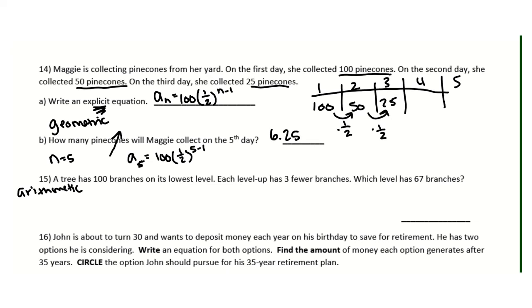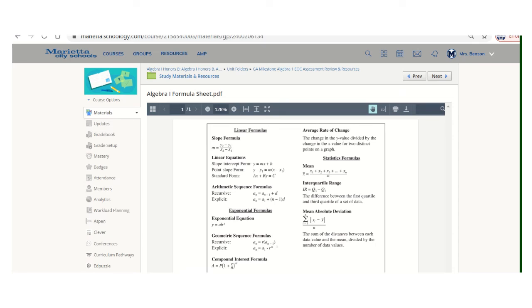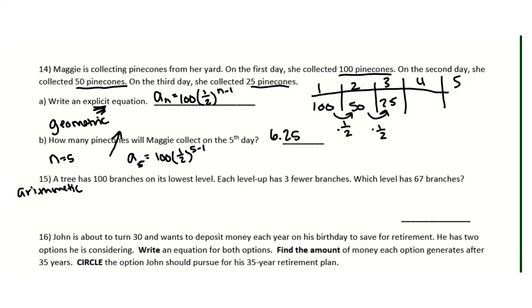So again, if I look at my formula sheet, arithmetic sequences, the explicit formula is given right here. So I'm going to use that formula. So I'm going to have a sub n. I'm starting off with 100 branches plus n minus 1.